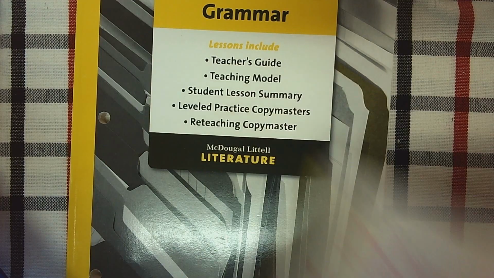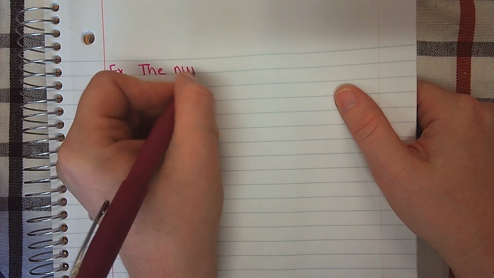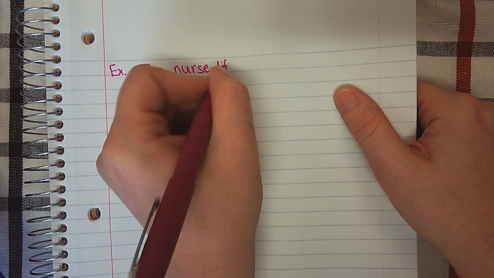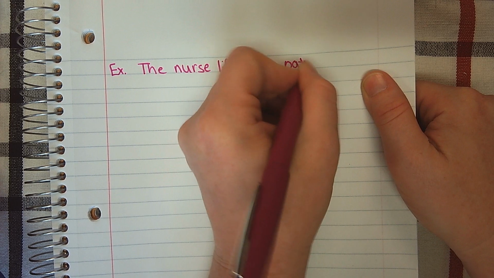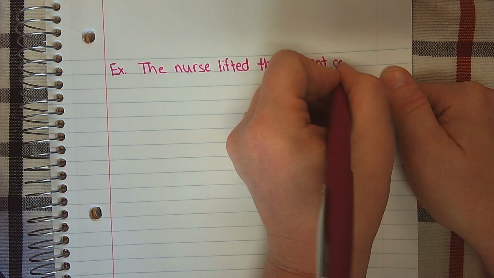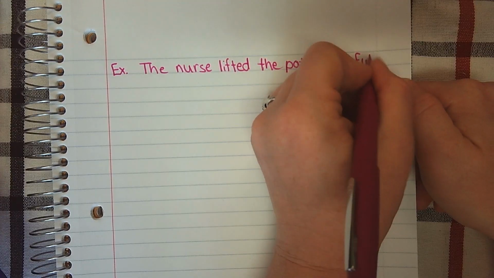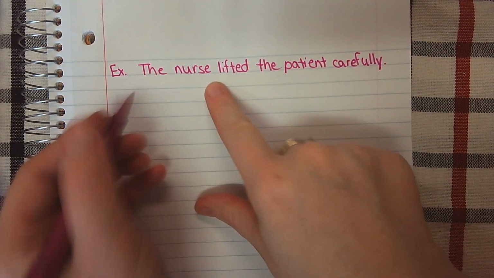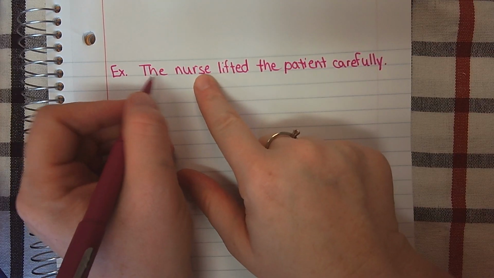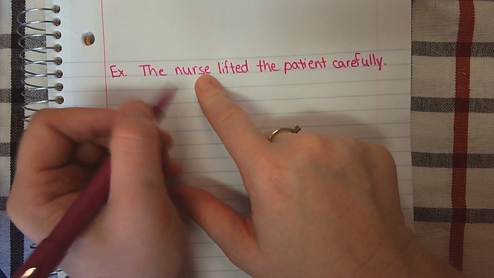Okay, let's do an example. The nurse lifted the patient carefully. Okay, the subject of our sentence is the nurse. The predicate of our sentence tells us more information about the nurse.